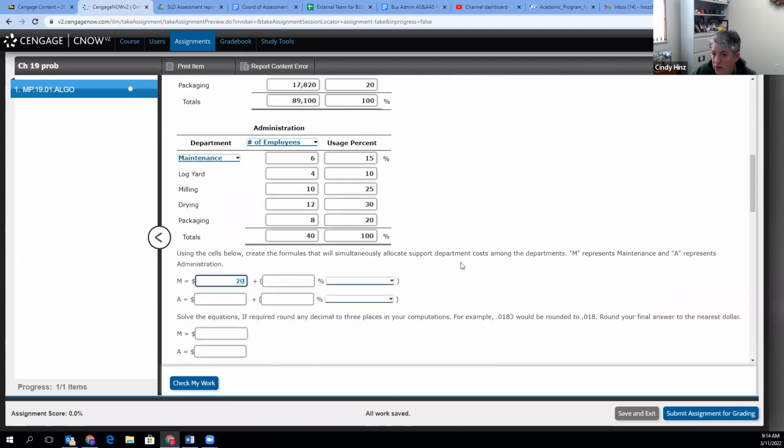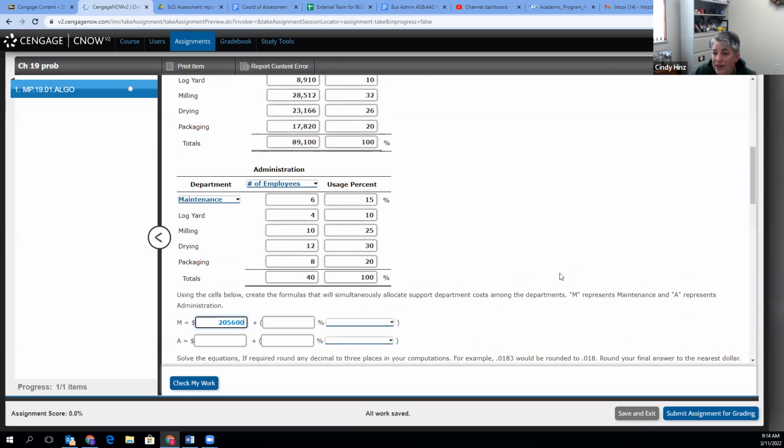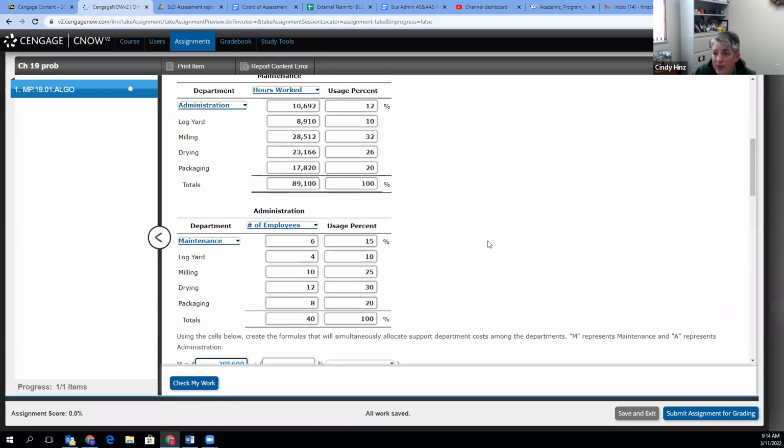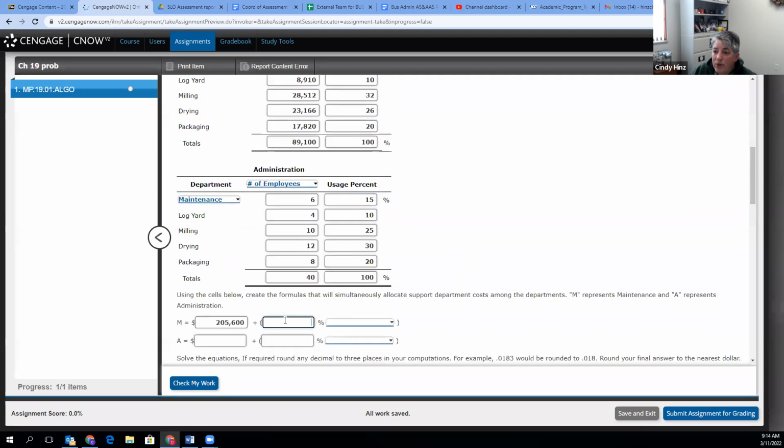We know that's going to be our starting point, but we're going to allocate to the maintenance department 15% of the administration cost, and we're getting that right from this table. In addition to those direct costs, we're going to take 15% of the administrative costs, because they have 15% of the employees, they use 15% of the administrative services. Does that part make sense?